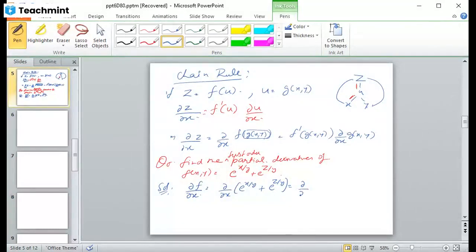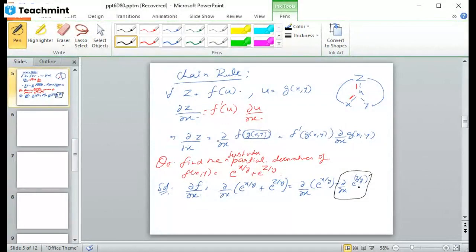So using the linearity property, it is ∂/∂x of e^(x/y) plus ∂/∂x of e^(z/y). Now we are using the concept of partial derivative, because when we differentiate with respect to x, we are treating y and z as constants. Now this is a function of y and z alone, so this function is treated like a constant.